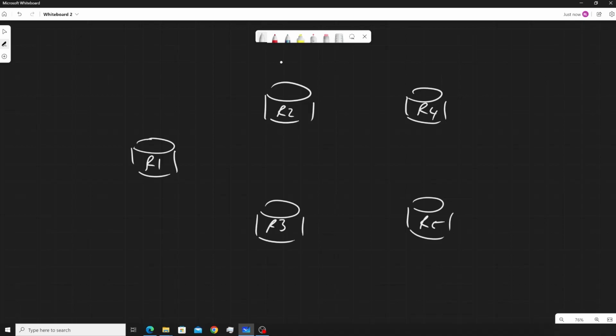Now, the issue is that if a message arrives at R1, does R1 know the intended destination of this message?